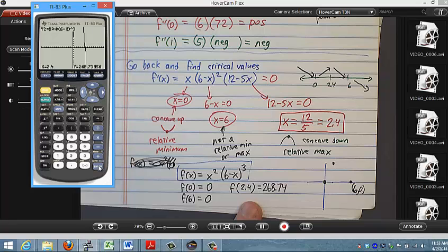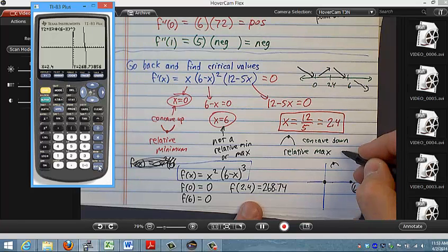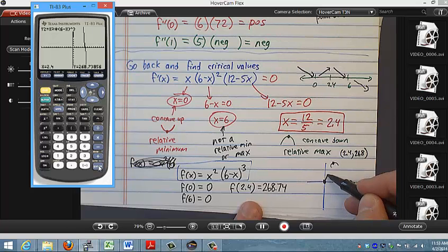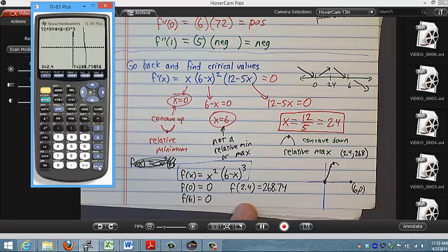This is not to scale anymore. There's a relative maximum at 2.4, comma, 268. You guys with me? So that's why this thing took off so much that it was like right against the x-axis. You couldn't even see it. And then it came back down like this.